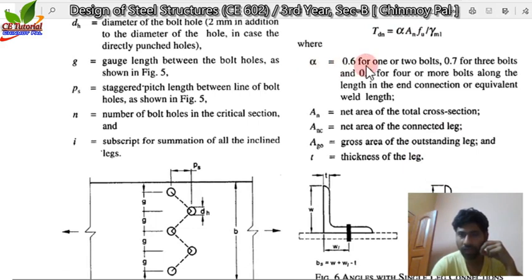The alpha factor is 0.6 for 1 or 2 bolts. When we are using 1 or 2 bolts, the alpha value is 0.6, and when we are using 3 bolts, the alpha value is 0.7, and when we are using 4 or more bolts, the alpha value is 0.8, and when we are going to use a welded connection, then also the alpha value is 0.8.